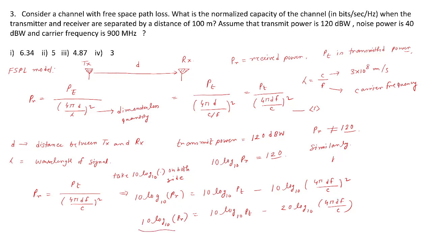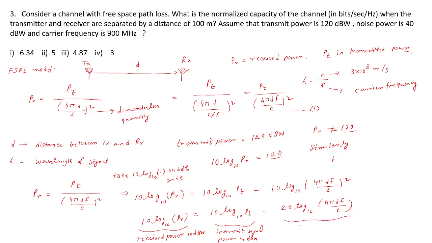So this term here is our received signal power in the unit of dB watt, and this is the transmit signal power in dB watt.